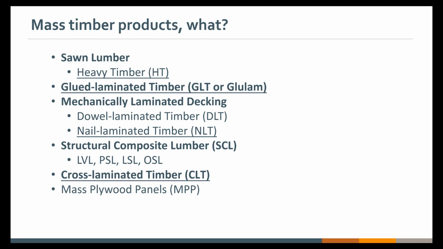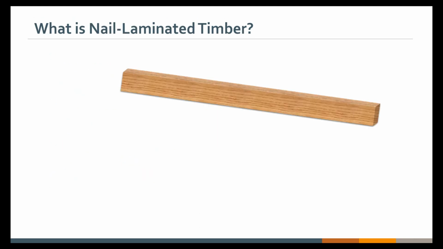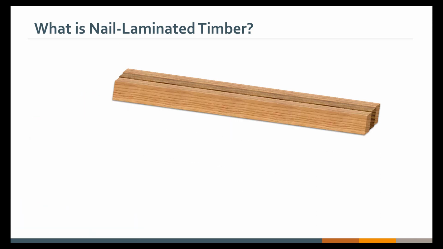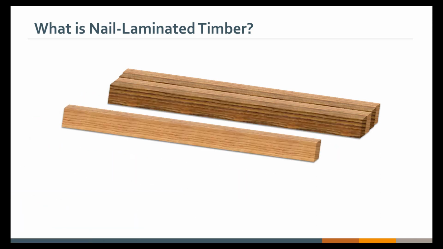And then mass plywood panels, that's certainly something that can be used for mass timber, but again, that's not prescribed in the code, so alternate means and methods would need to be used when using that in your building.